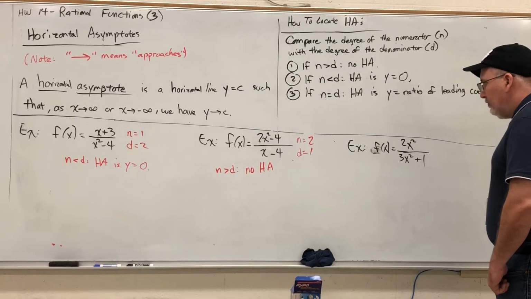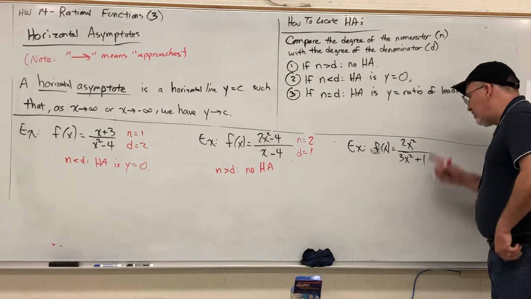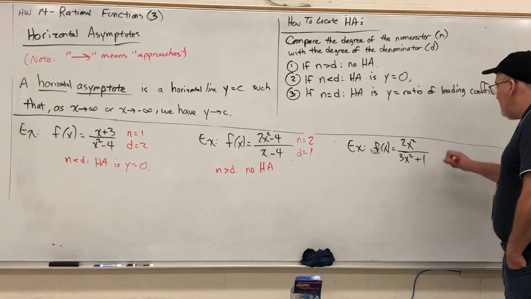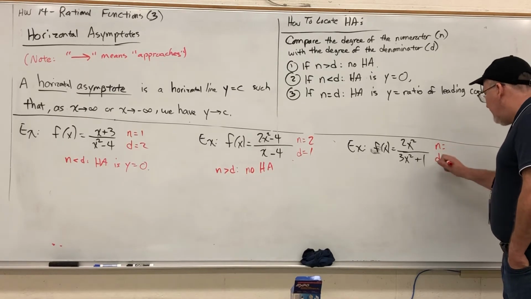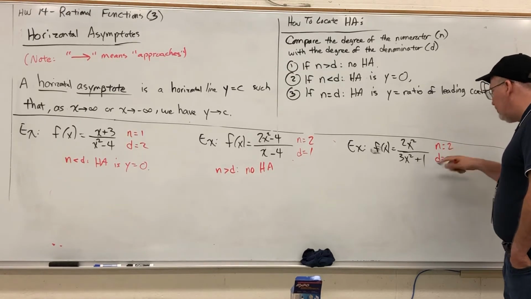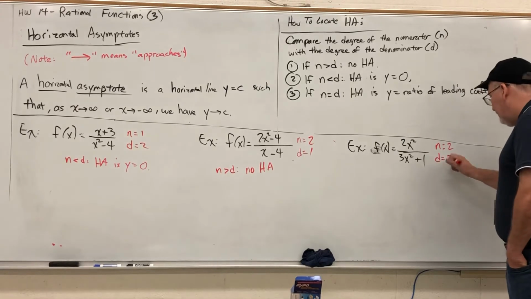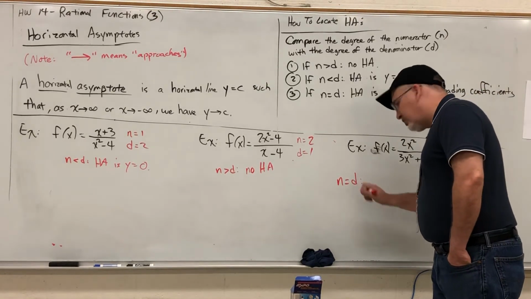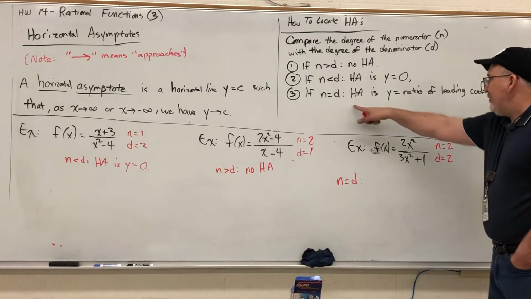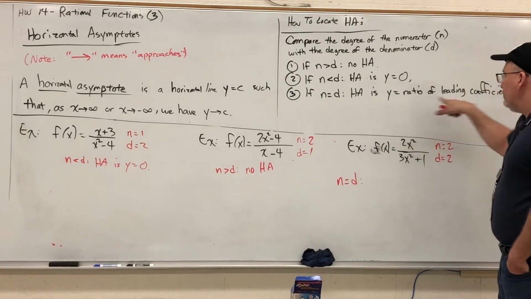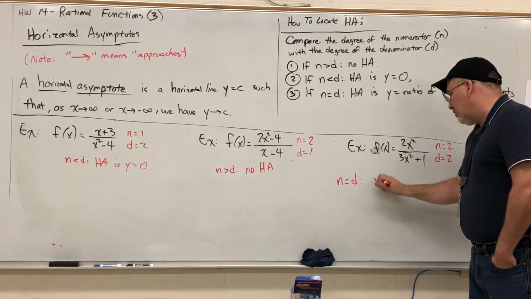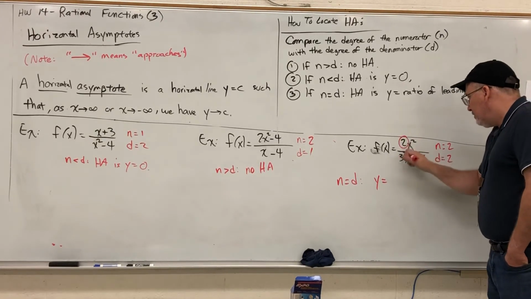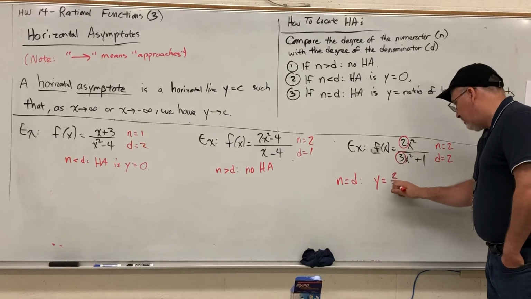One more example, we'll look at f of x equals 2x squared over 3x squared plus 1. Again, we're just comparing degrees. In the numerator, the degree is 2. In the denominator, the degree is 2. The degrees are equal. And when that happens, your horizontal asymptote is y equals the ratio of leading coefficients, which is a fancy way of saying put these numbers on top of each other.